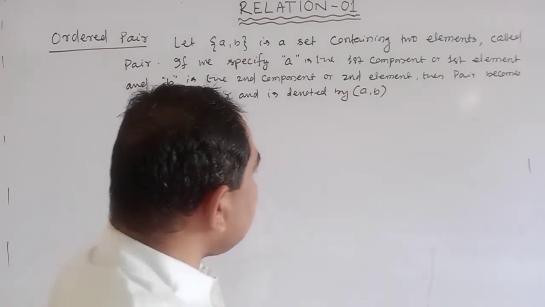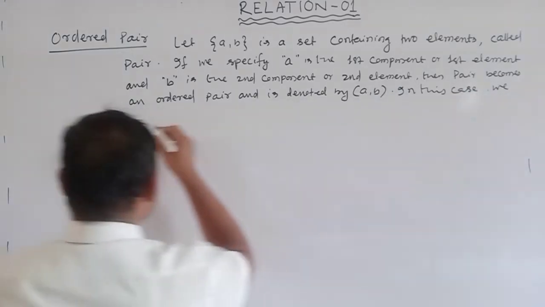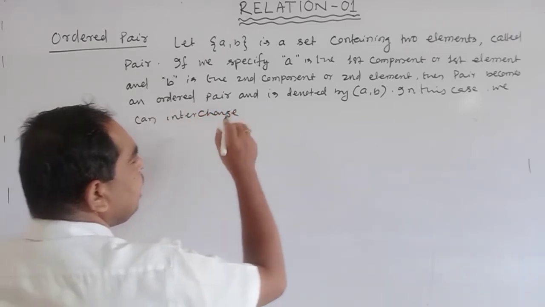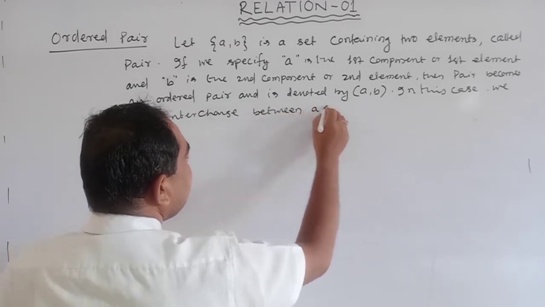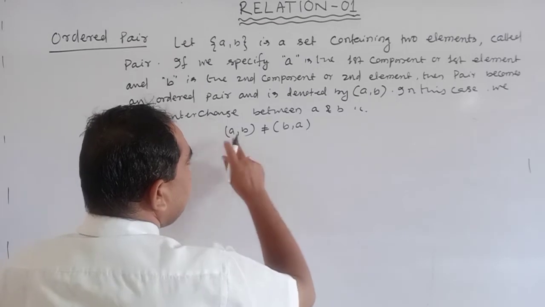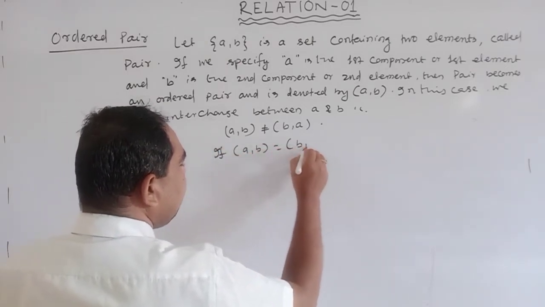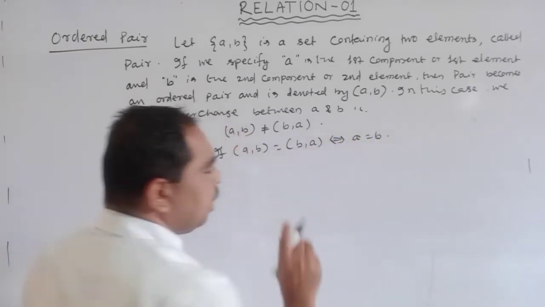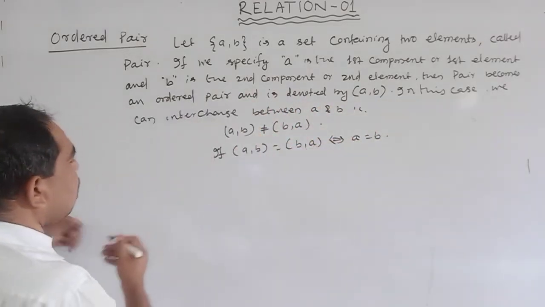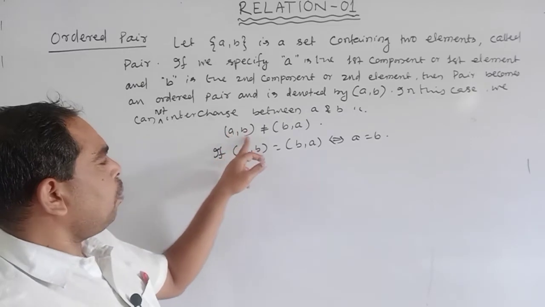In this case we cannot interchange between a and b, that is, the ordered pair (a, b) is not equal to (b, a).